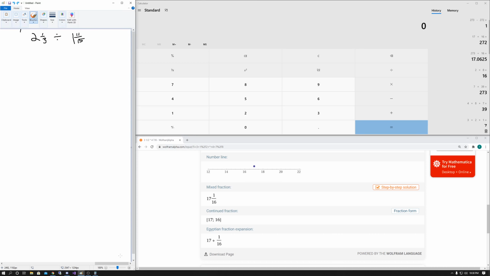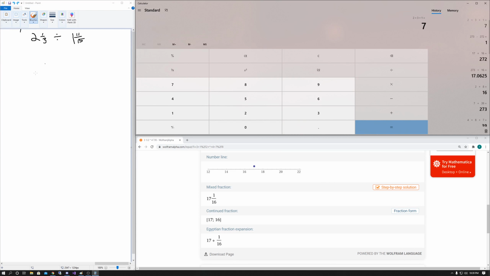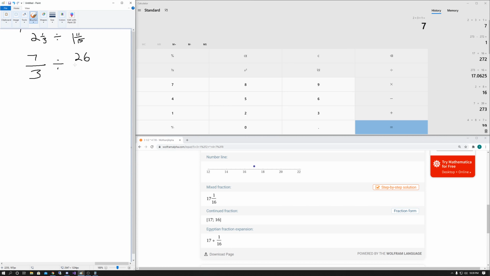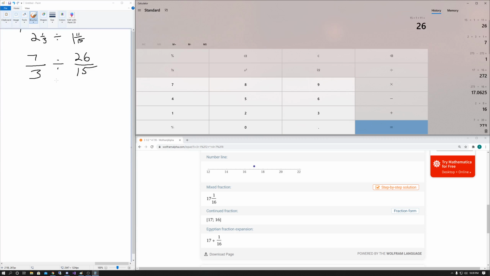So 2 times 3 plus 1. Again, it's 7 over 3. And we're going to divide. Bring down the operator. And then 1 times 15 is 15. 15 plus 11 is 26. Bring down the original denominator. Here, let me do it on the calculator so it's consistent. Times 1 plus 11, 26 there.